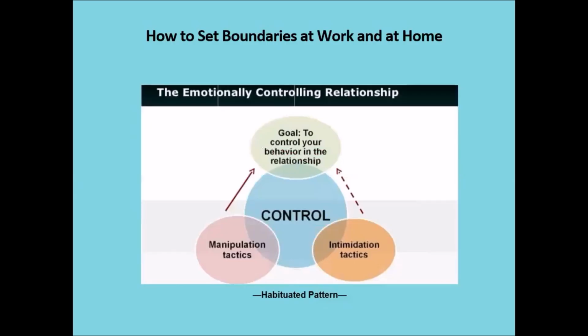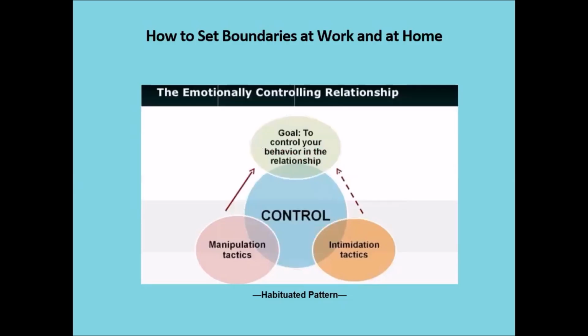So we talked about them trying to find a way to exert control, to try and control your behavior in the relationship. And so in an emotionally controlling relationship, there are two tactics that are often used that become habituated patterns. That's manipulation and intimidation. Manipulation is just trying to find your weakness in order to influence you to get what they most need.